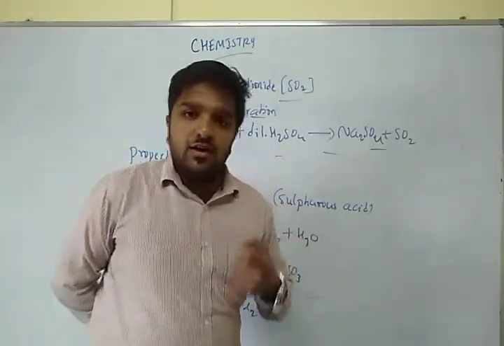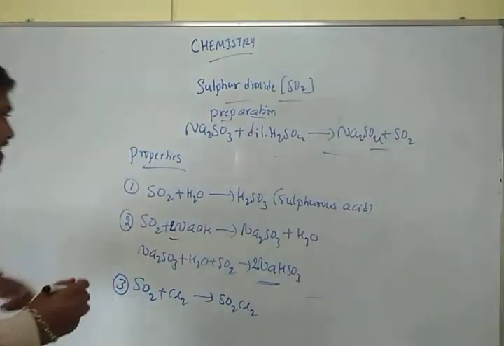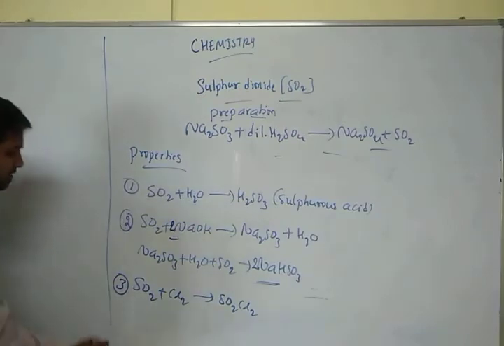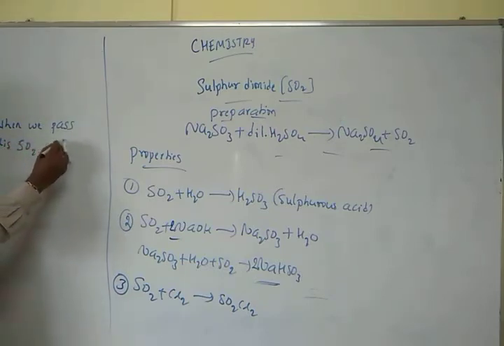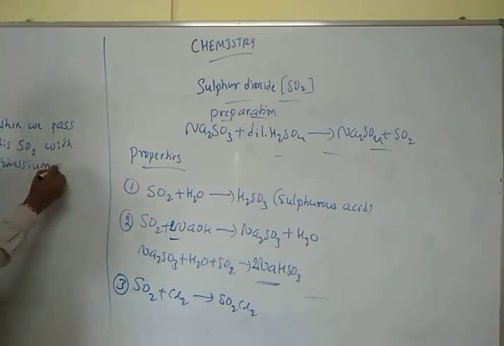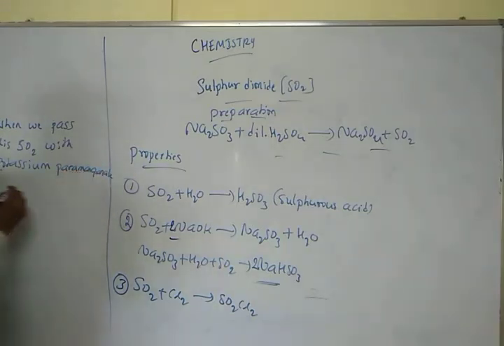To know the presence of sulfur dioxide, we pass this sulfur dioxide through KMnO4, that is potassium permanganate. It will decolorize.